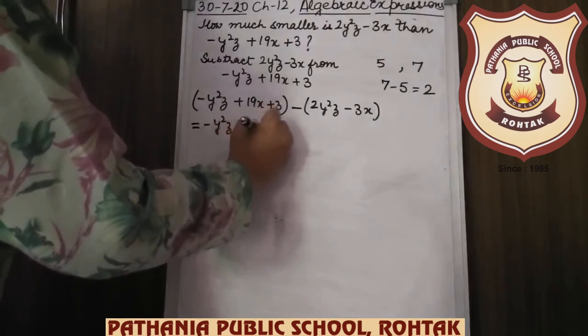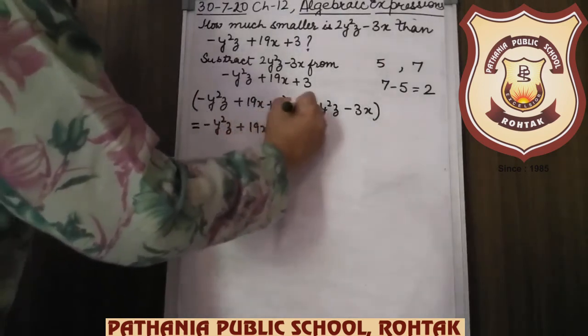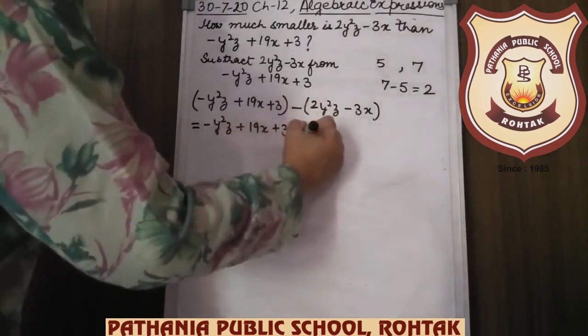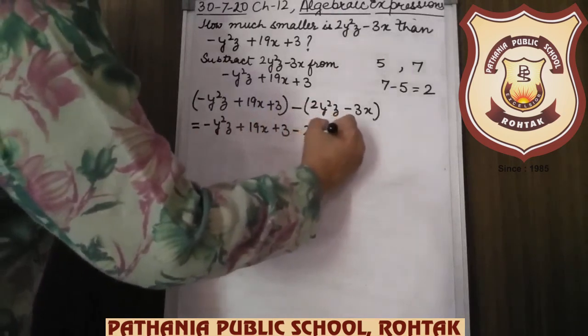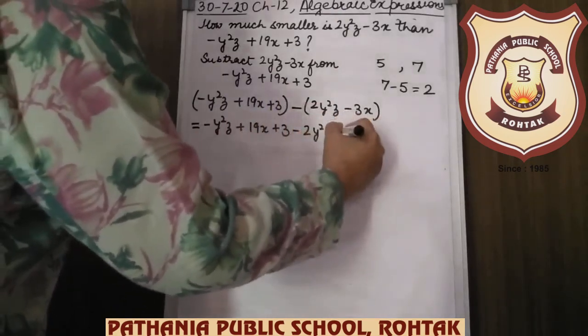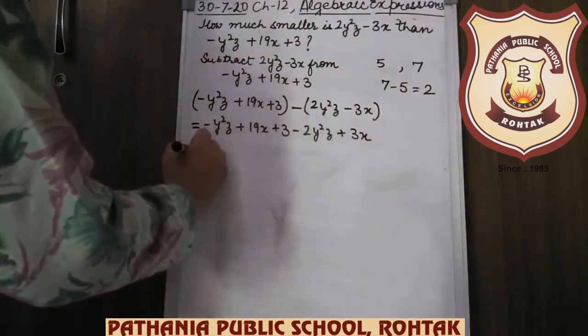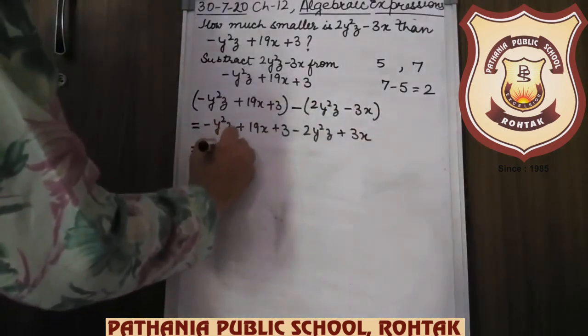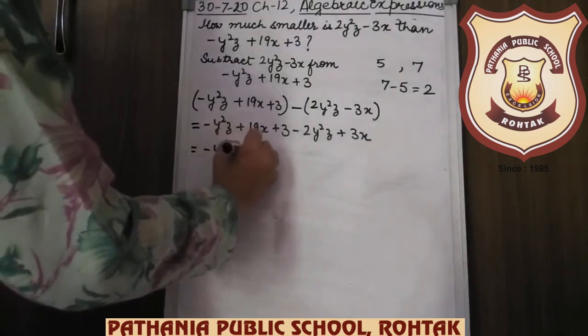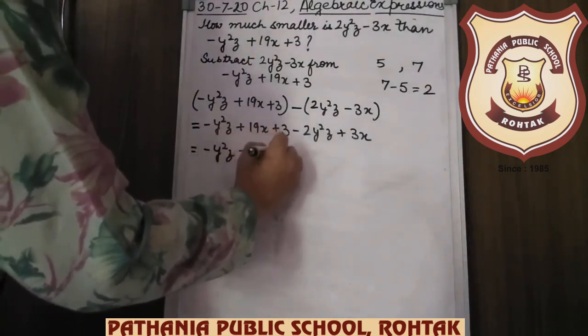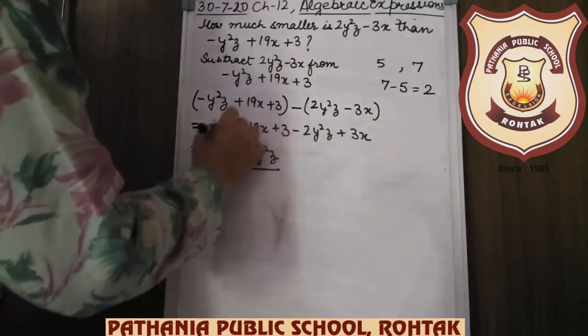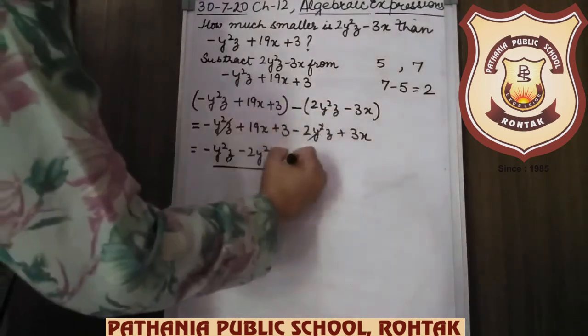Open the first bracket as it is. Now with the negative sign, the sign of each term is going to change. Now collect the like terms. Minus y square z and minus 2y square z, this is one set, you have used this.